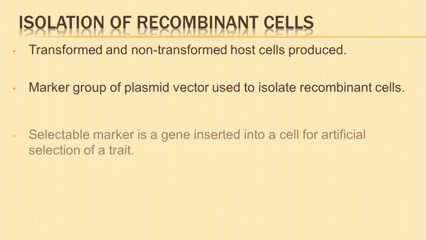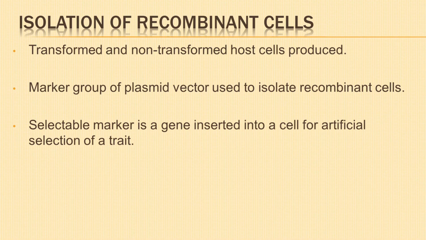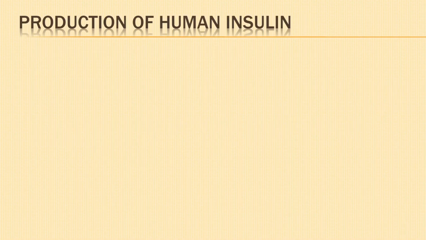A selectable marker is a gene inserted into a cell which confers a trait appropriate for artificial selection. Let us try to understand the different steps in recombinant DNA technology for the production of human insulin.